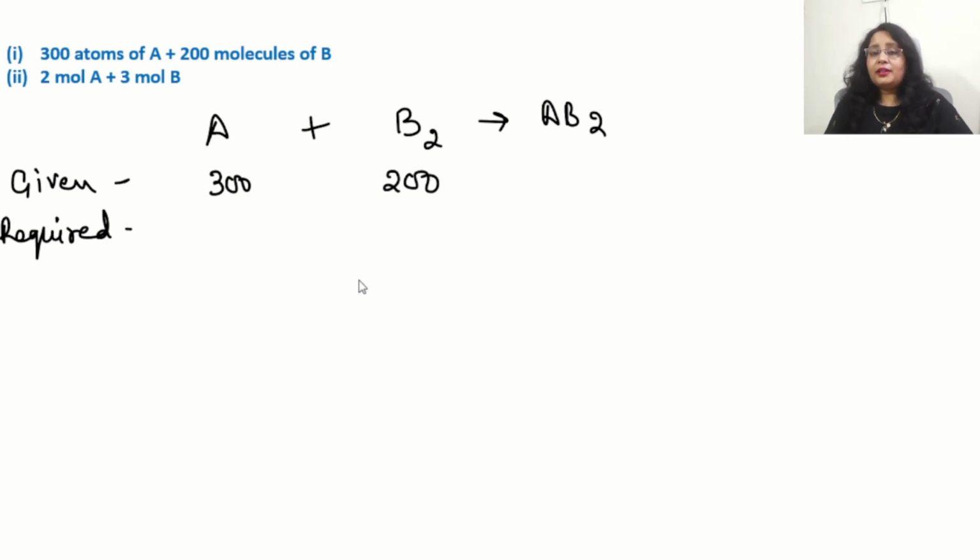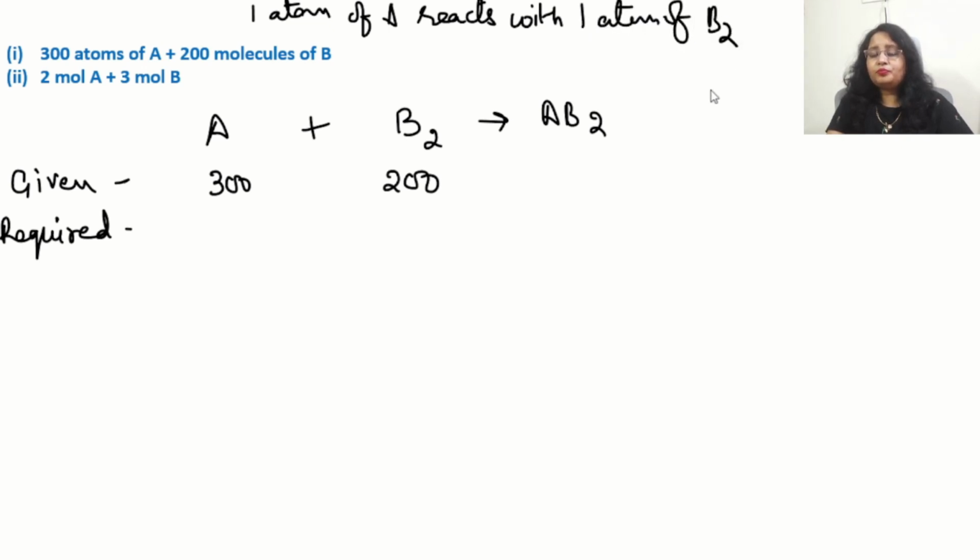To determine the required value, we will study the reaction. Here we can say one part of A reacts with one part of B2 and gives AB2. Or we can say in terms of atoms, one atom of A reacts with one molecule of B2.